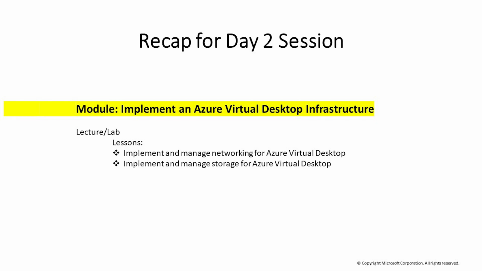That is from the SLA perspective, from the redundancy perspective, and that helps you to set them up. All right. So that was a quick recap for the day 2 session.